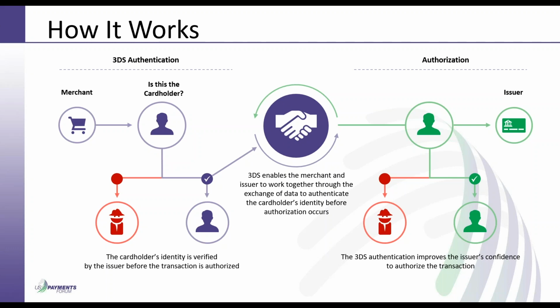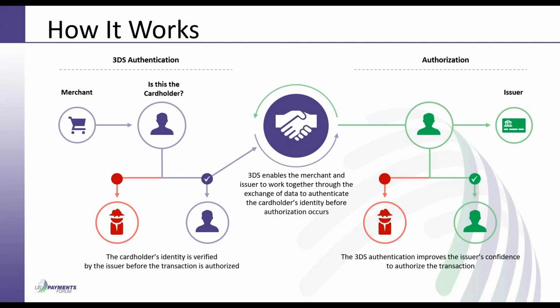And the idea here is that as part of the checkout process, the merchant would provide information about the cardholder, the transaction, and several other data categories to help the issuer verify the cardholder's identity. So if the cardholder is successfully authenticated, the issuer will provide proof of authentication or a cryptogram that the merchant can include in the authorization. So this proof of authentication strengthens the issuer's confidence in the transaction, resulting in an increased likelihood of an authorization approval.